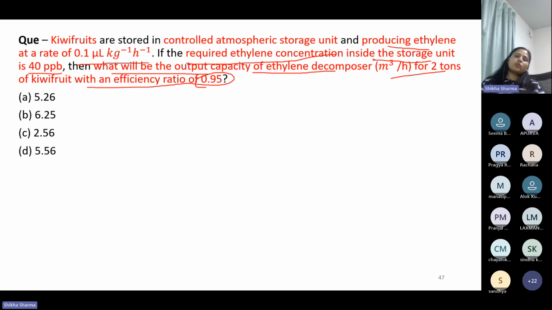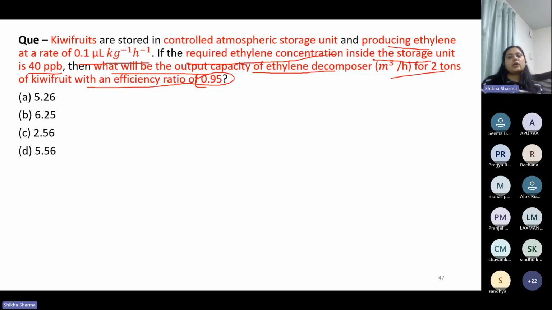It is directly based on the formula given in the last lecture video, the lecture on controlled atmosphere and modified atmospheric storage units. In that video, the formula for calculating the output capacity of the ethylene decomposer is already given.